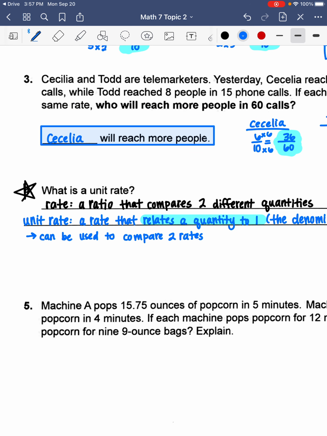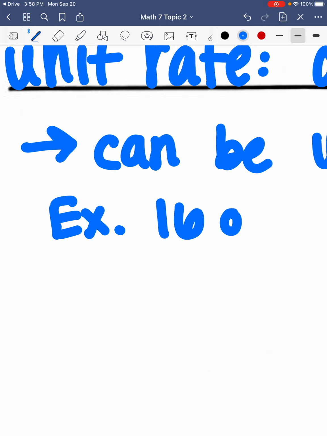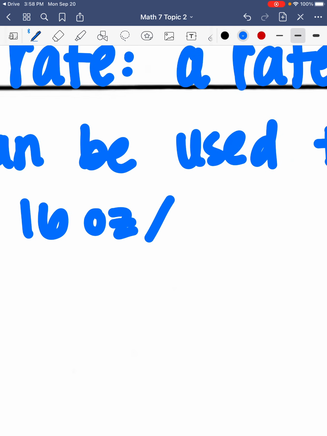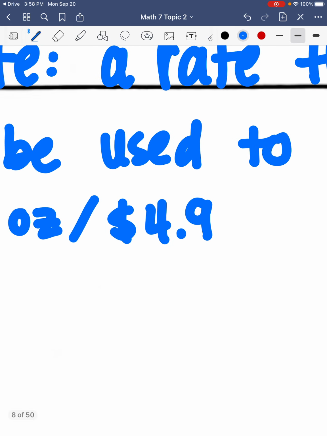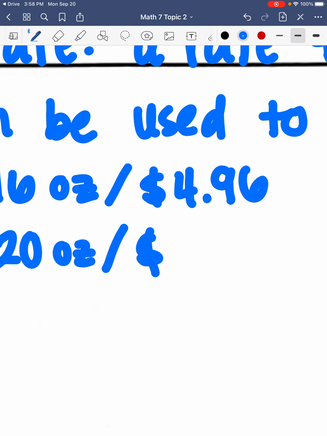So for example, when I'm at the grocery store and I'm trying to decide if I want the 16-ounce bag of potato chips or the 20-ounce bag of potato chips, I might look at the unit rate. For example, a 16-ounce bag of chips might be sold for $4.96, while a 20-ounce bag of potato chips is sold for $5.80.